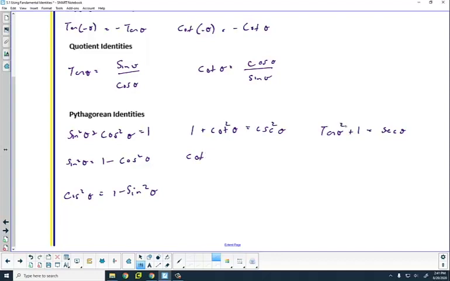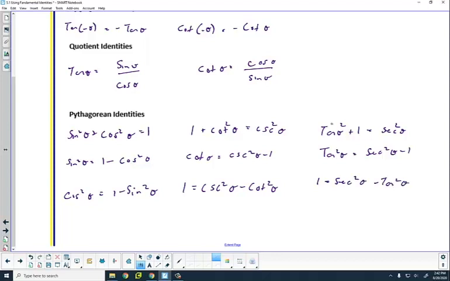I apologize. Cotangent squared theta equals cosecant squared theta minus 1, and 1 equals cosecant squared minus cotangent squared. That might come in handy. Here we have tangent squared theta equals secant squared theta minus 1, and 1 equals secant squared minus tangent squared.